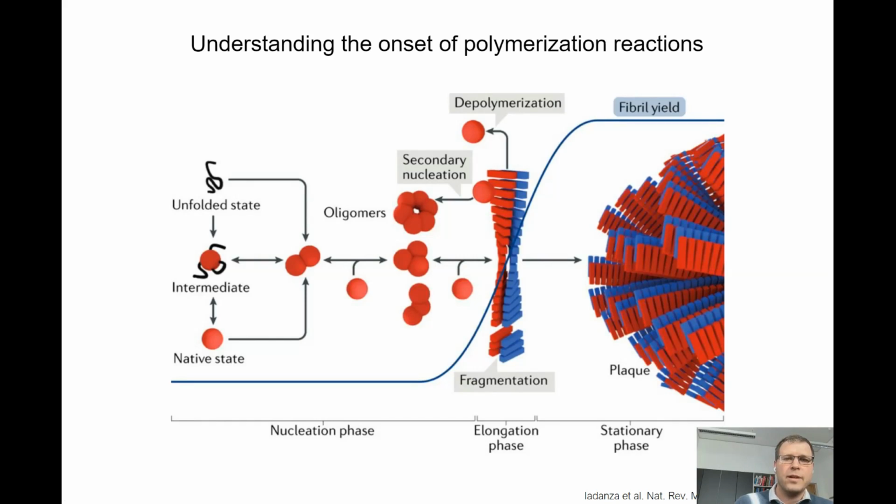In particular, nowadays it's thought that the onset of these polymerization reactions are the actual cytotoxic events that are relevant for the progression of the disease. And therefore, since these systems lack the same methodology for investigating the small oligomers, I think mass photometry can really help to gain more insights into these disease mechanisms.